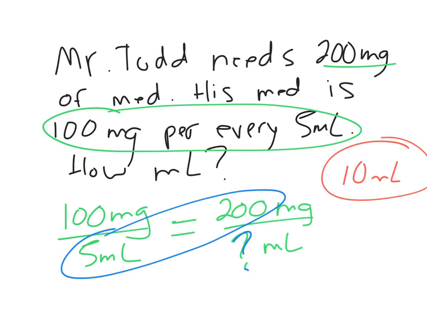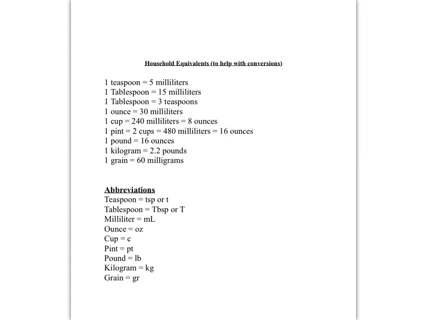I will tell you that equivalence list is an equivalence list of approximate equivalence. Let me show you, this is actually the list that I'm referring to. I have this posted for you guys. I've actually referenced a couple of these today, as we talked about in our lecture. We mentioned the teaspoon to milliliters.